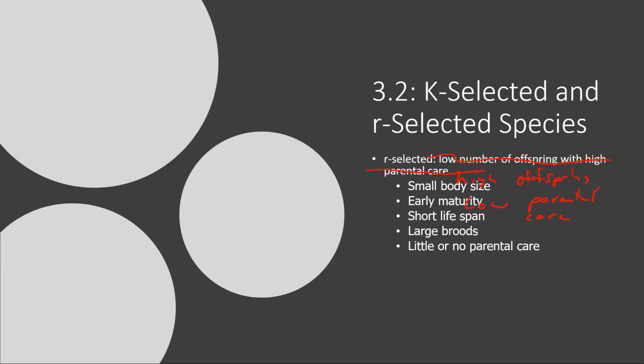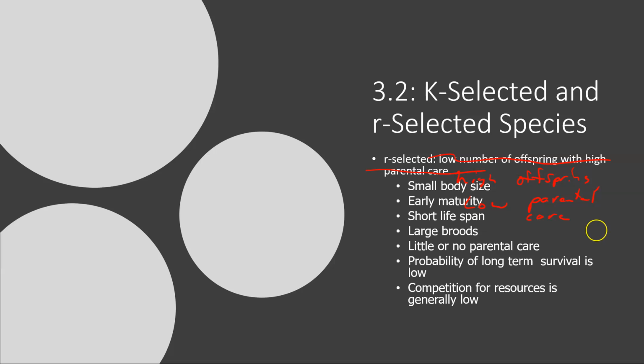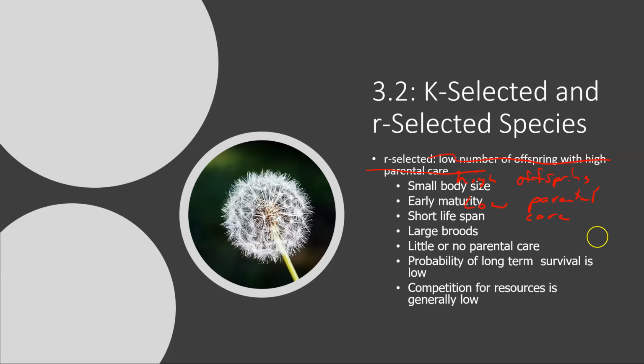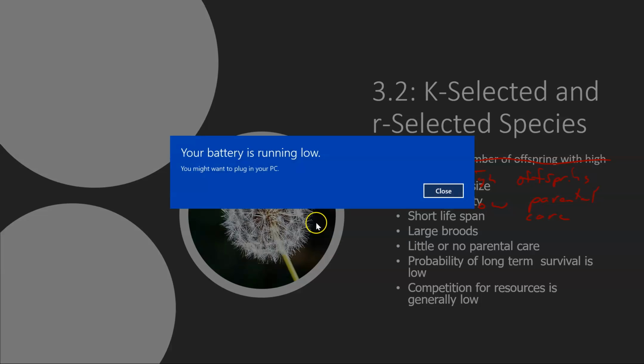R-selected species basically just have a whole bunch of offspring at once, and just through sheer probability, some of those will survive to maturity. Okay, and they tend to have lower competition for resources. So some examples would be like dandelions. So seeds spread out to the wind.